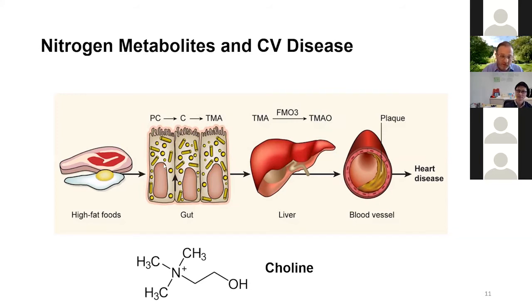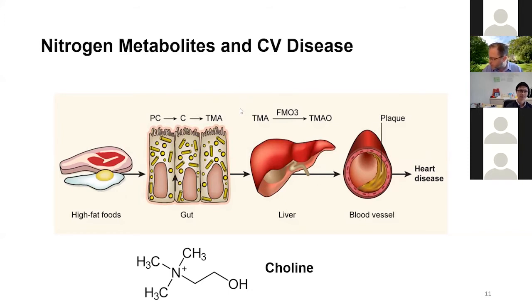They get into the gut, and your gut bacteria can act upon them and make trimethylamine, a methylated amine, which goes into your body and is acted upon by the liver to make TMAO. They further showed in experimental mice that TMAO is pretty toxic to the endothelium, especially around the heart. It does something to macrophages in the endothelial wall and causes buildup of plaque and probably cardiovascular disease.